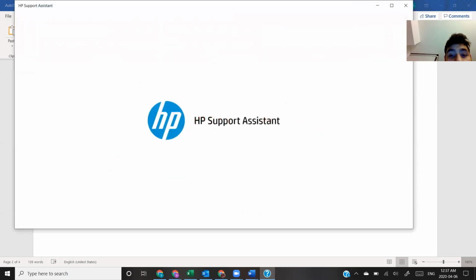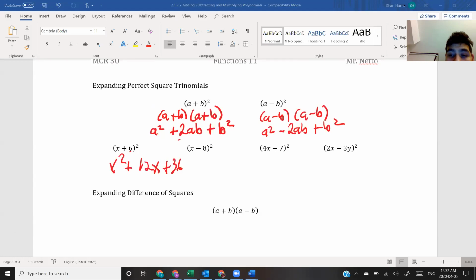X minus 8 squared is x squared. This is going to be minus because it's minus 2 times x times 8, which is minus 16x plus 64, which is 8 squared.